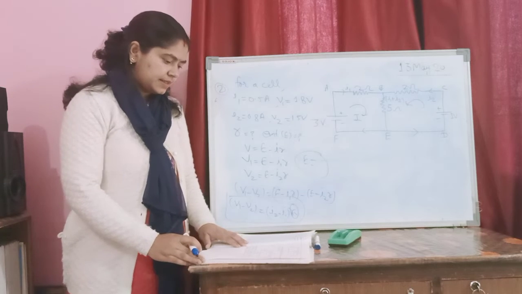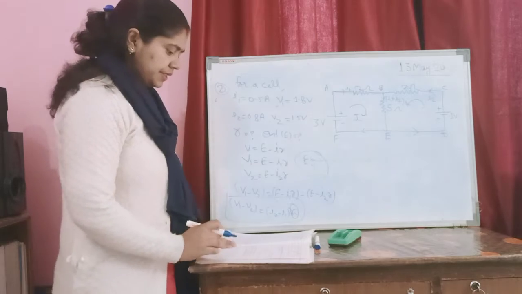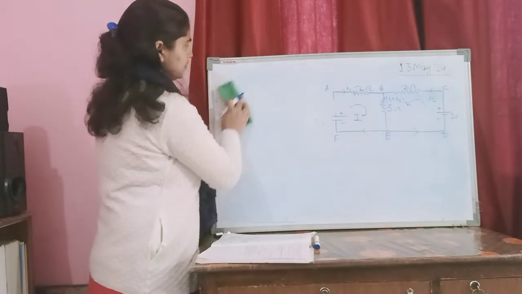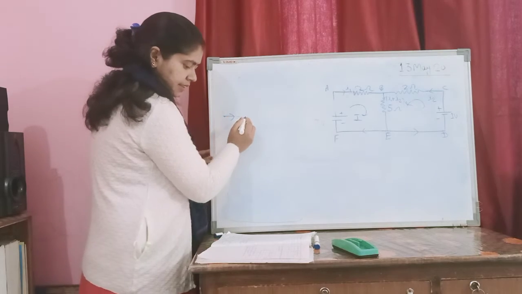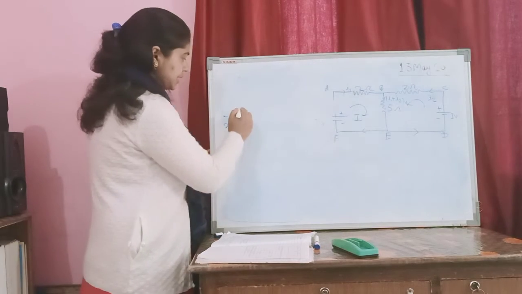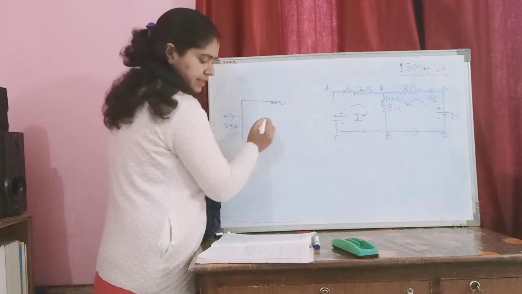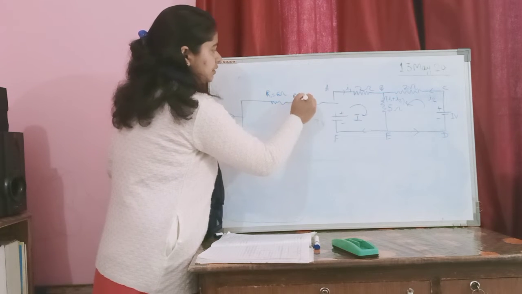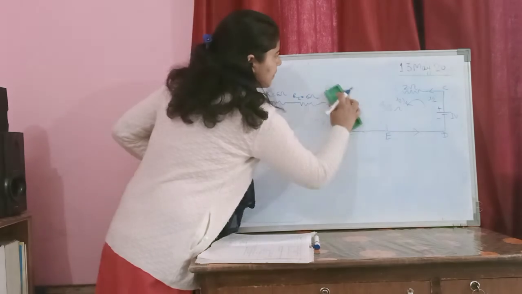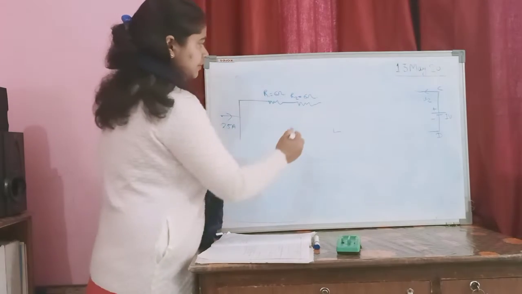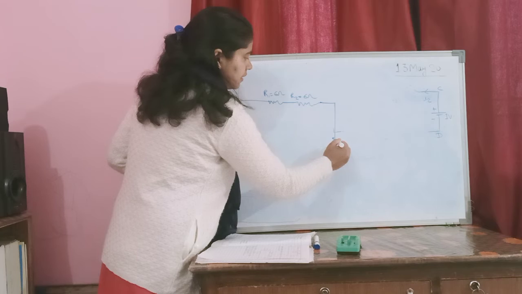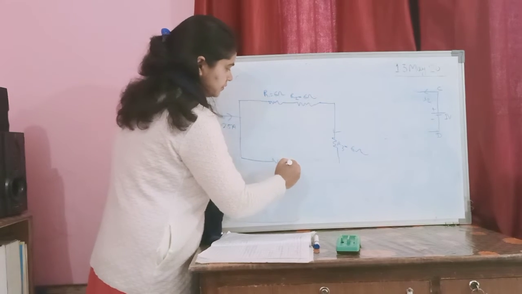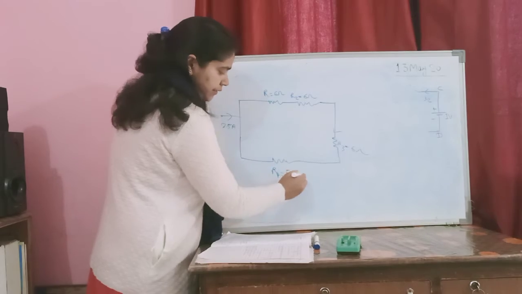Next problem is: there is a circuit like this, and a current of 2.5 ampere is flowing through it. Here is a branch with resistance R1 equal to 6 ohm, another resistance R2 equal to 6 ohm, R3 equal to 6 ohm, and R4 equal to 5 ohm.